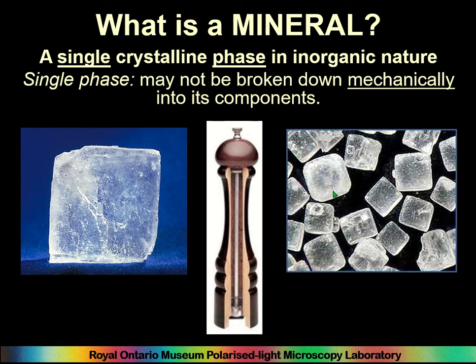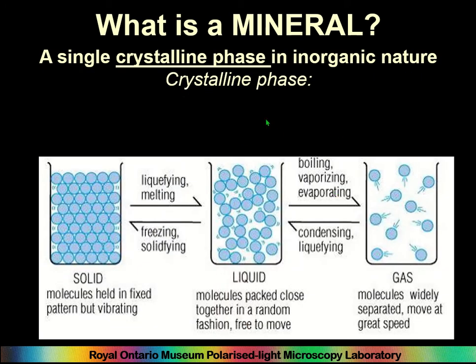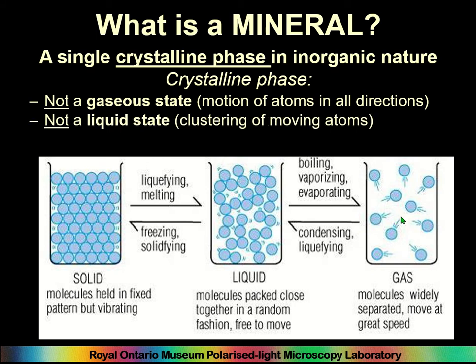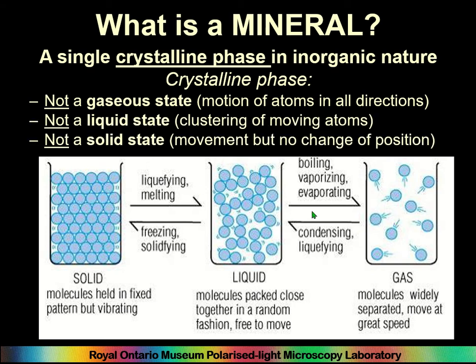And what is a crystalline phase? Well, I'm sure you've all been made aware of the states of matter, but this is not a gas, this is not a liquid, and this is not a solid. You're taught in school that these are the common states of matter, but in fact there's two others. There's glass, which is actually a supercooled liquid, and so it's actually a lot less moving around than liquid is.